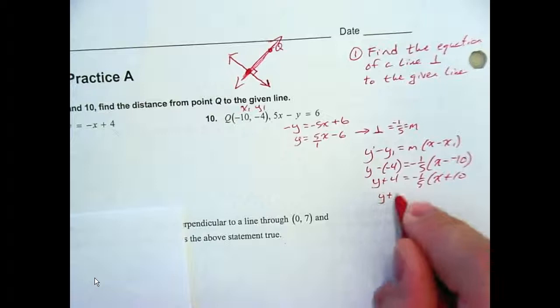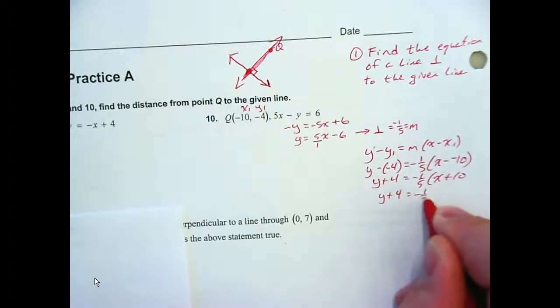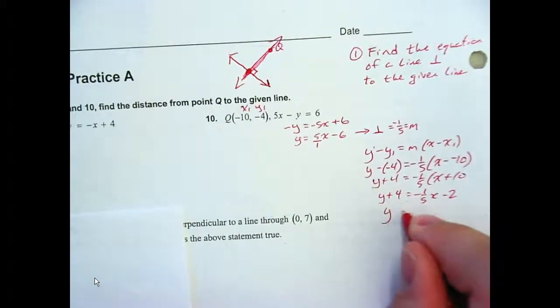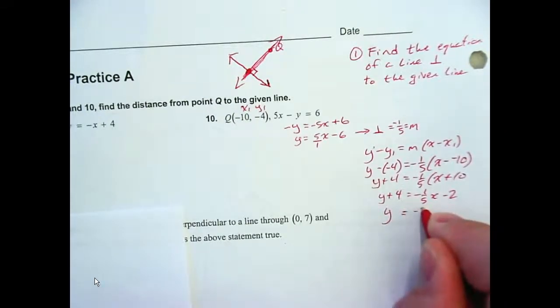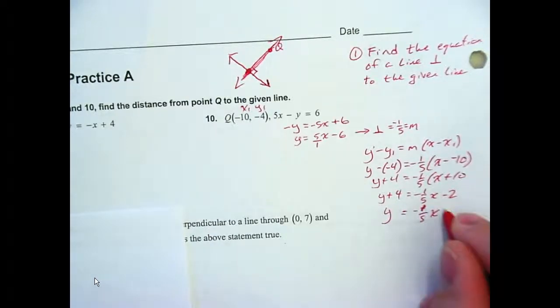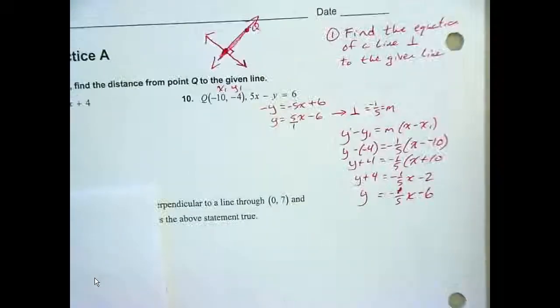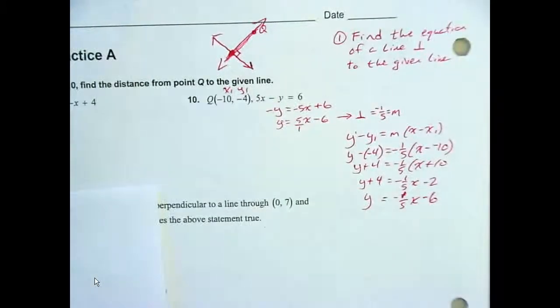So y plus 4 equals negative 1/5 x minus 2. So y equals negative 1/5 x minus 6. How many made it that far? Okay. Any questions up to there?